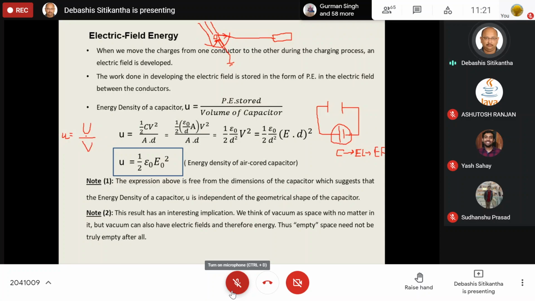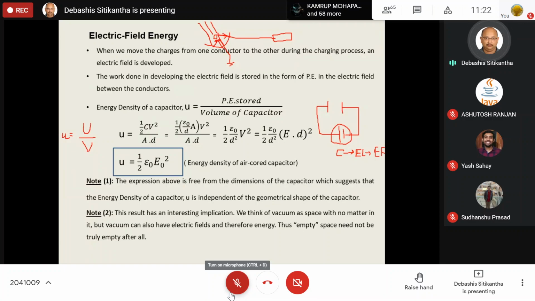Now what is this U? We all know U is equal to half CV square. Let us say we are using a parallel plate capacitor. You can use any type of capacitor, it doesn't matter, but for simplicity let us consider a parallel plate capacitor.